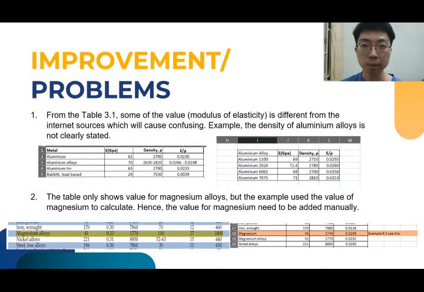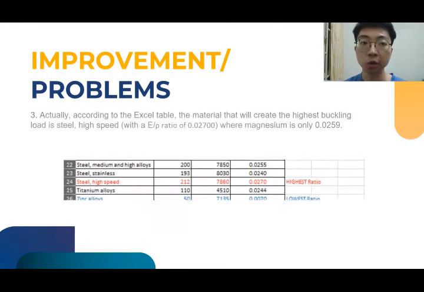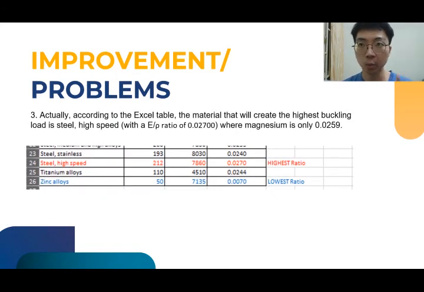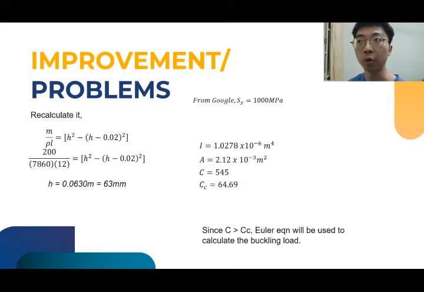But the most confusing part is about the ratio that I calculated in this list. There is one highest ratio I found, which is the high-speed steel at 0.0270, higher than the magnesium. But why didn't the example use it? So I recalculated it. I calculated H and PCR again for the steel, and here is my calculation.